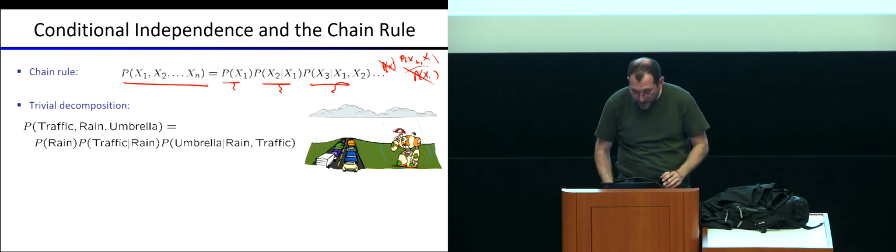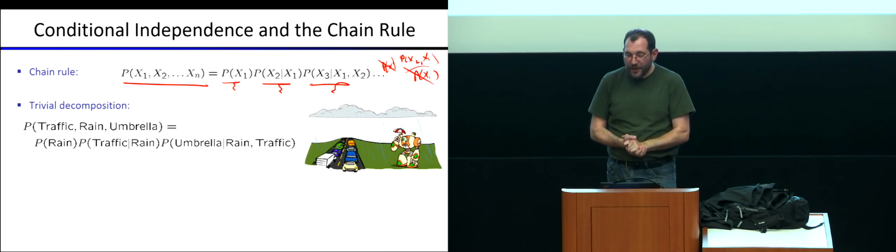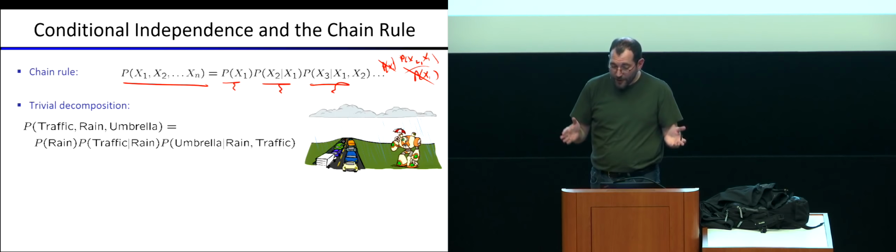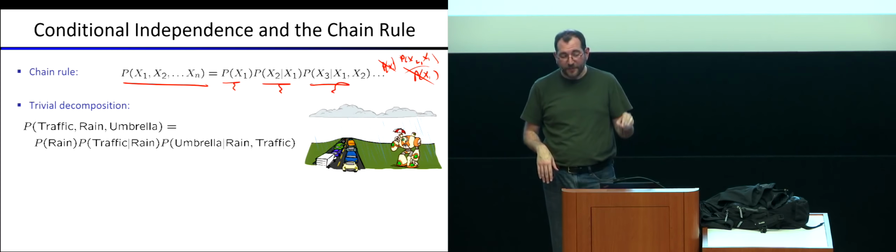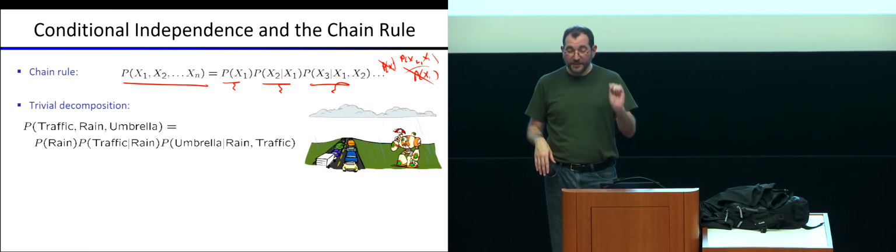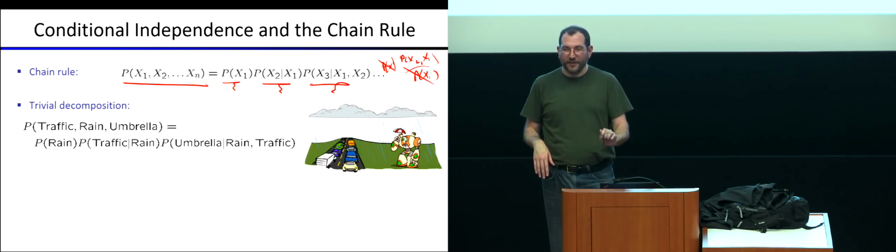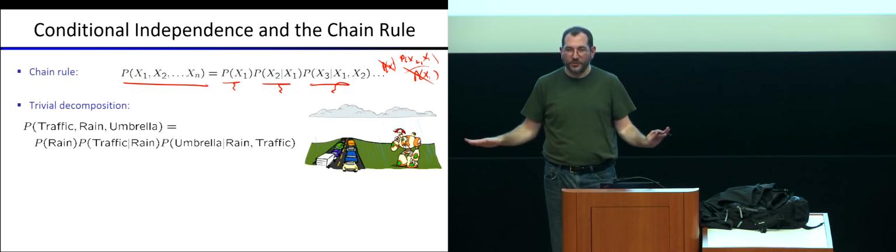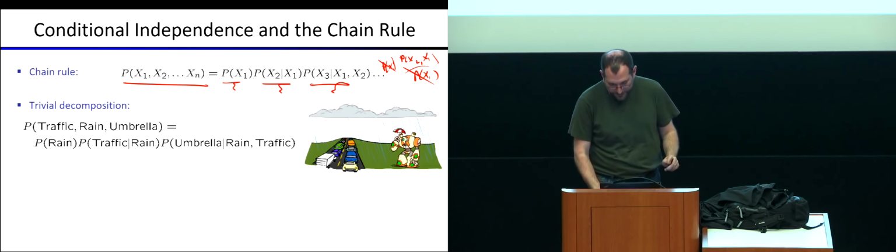Okay, so the trivial decomposition here of traffic, rain, and umbrella is that the joint probability can be rewritten as the product of the probability of rain times the probability of traffic given rain times the probability of umbrella given traffic and rain. This is always true over any distribution over 3 variables.